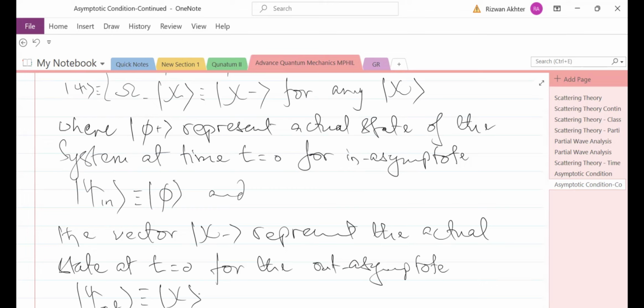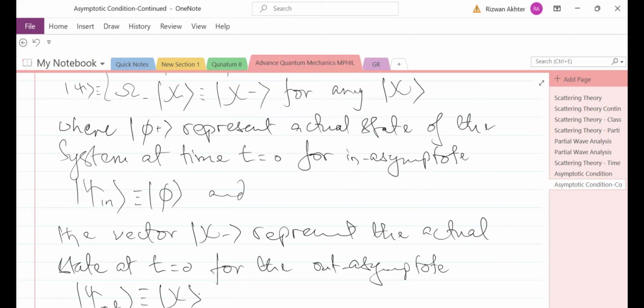So you can think of the incoming or in asymptote as coming from t tending to minus infinity to t equals 0. Then it evolves into an actual state psi at time t equals 0. And similarly, an outgoing particle would tend to the out asymptote, that is, it evolves from the actual state into an out state.